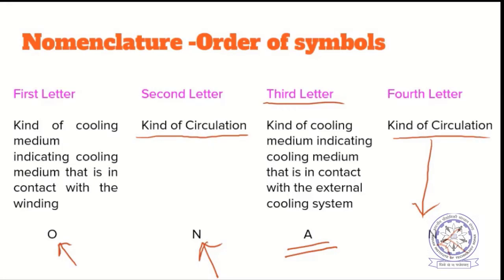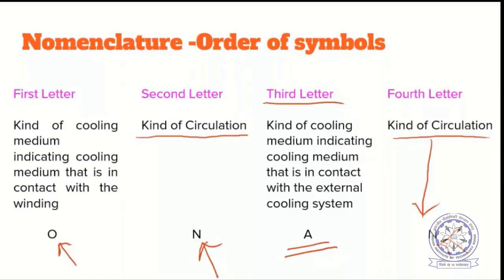ON, AN, OF, AF. OF, AF stands for what? Oil forced, air forced. So can you describe what kind of transformer it is, how it will be inside and outside? Sir, there will be forced circulation inside also.